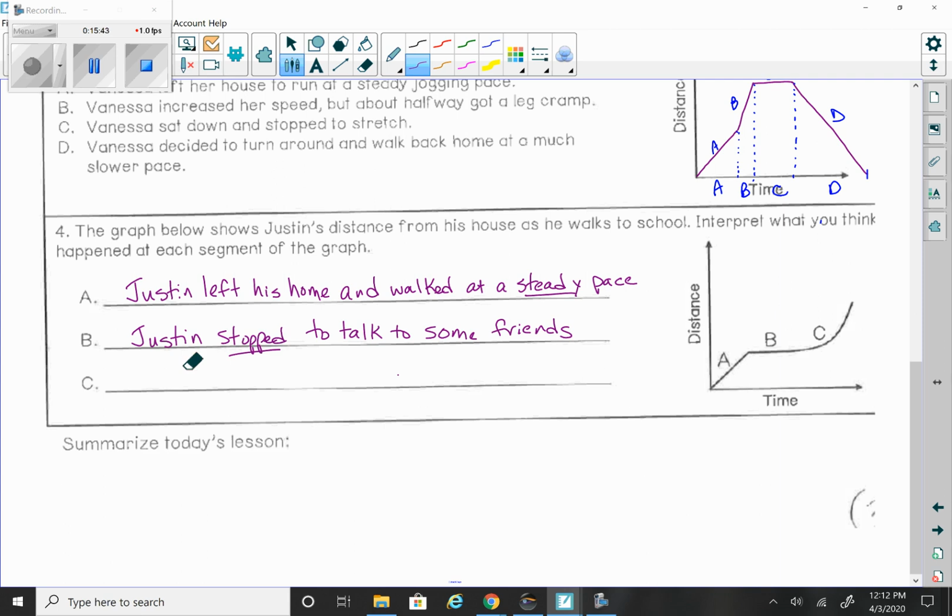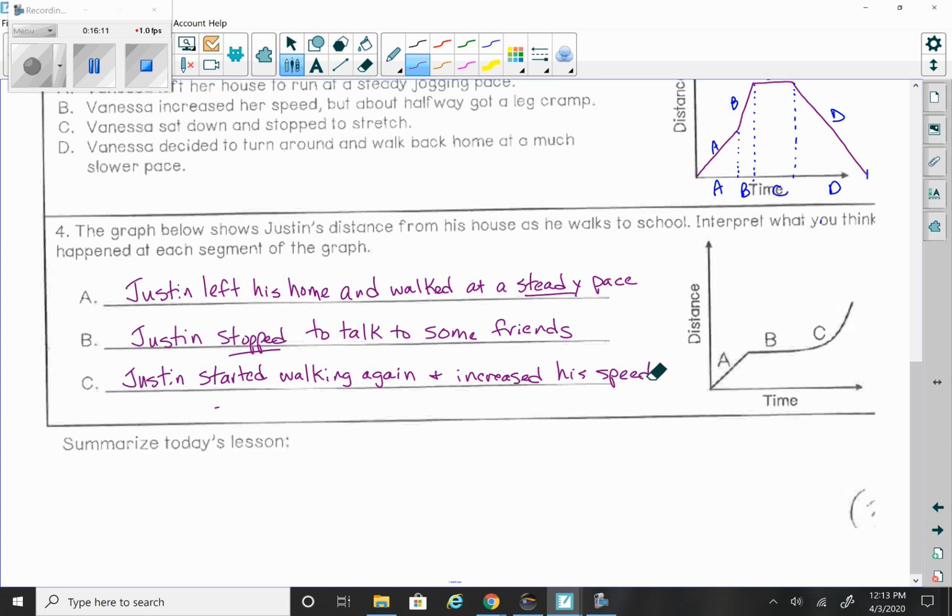And then the last part of the graph, it is going uphill, but it's curved. It's an increasing rate or speed. So I'm going to say Justin started walking again and increased his speed.